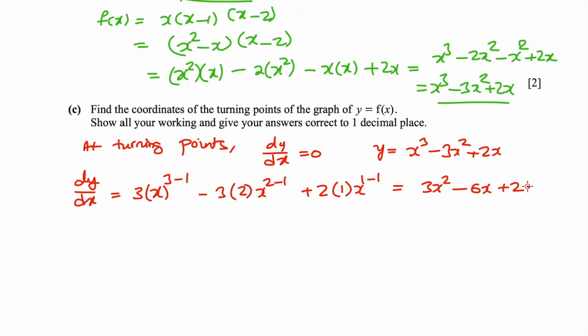So now the next thing that we can do is, if dy by dx is equal to 0, that implies 3x square minus 6x plus 2 is equal to 0.